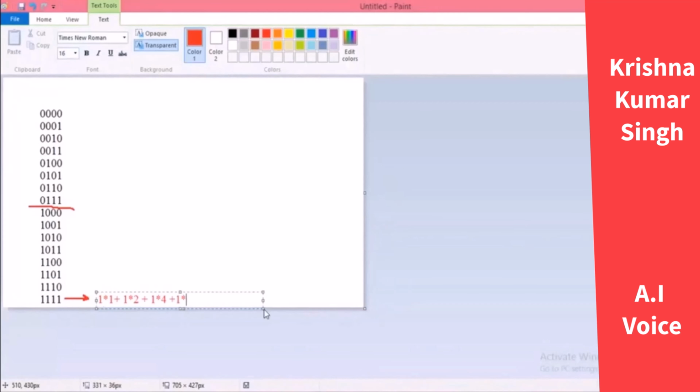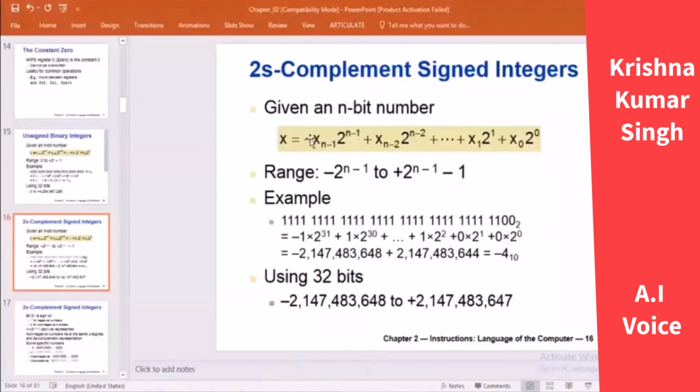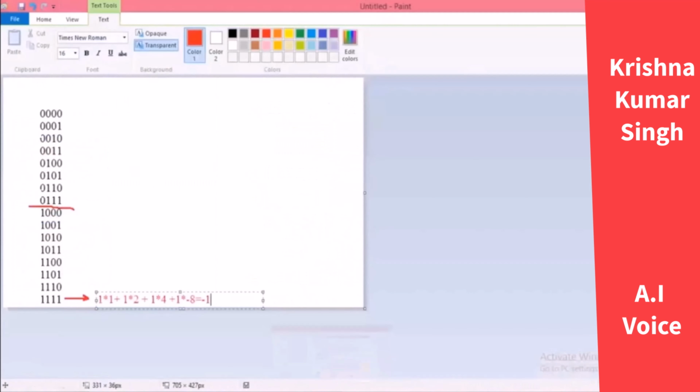As you can see, the most significant bit has a negative magnitude here, minus 1 times 2 power n minus 1. So this is -1. This is -2, -3, -4, -5, -6, -7. And this is -8.